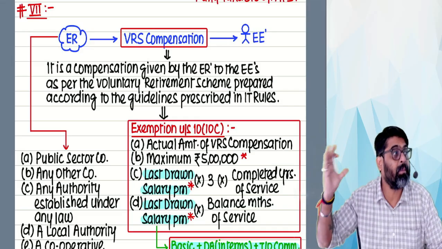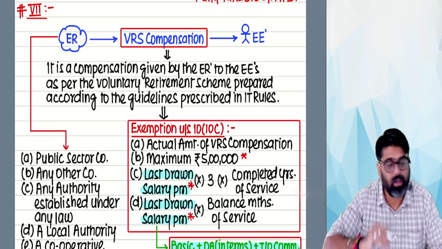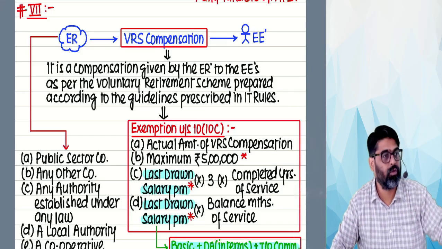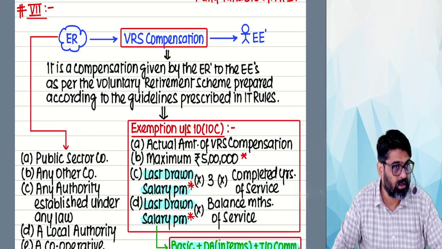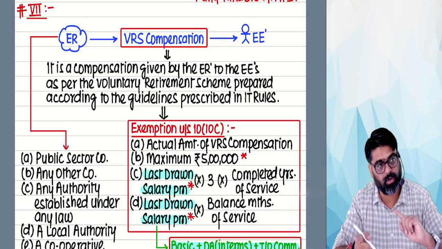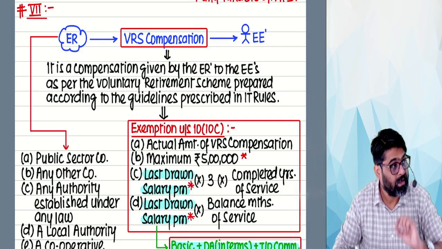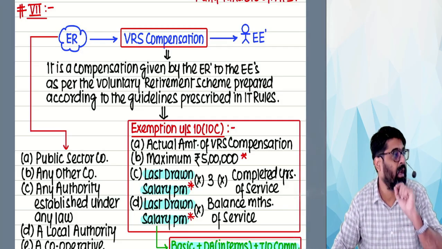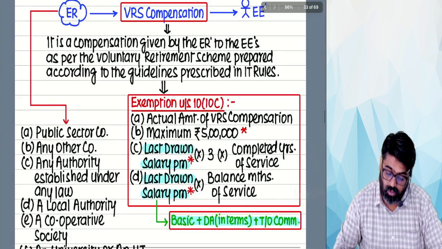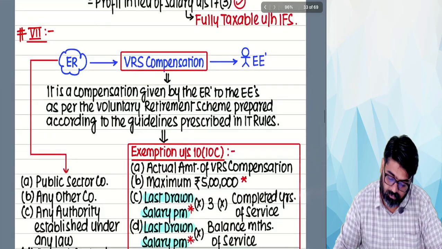All the retirement benefits also they will get. And the employer gets reduced cost and increased efficiency. It's a win-win situation for both. Hence, this scheme is also known as golden handshake.